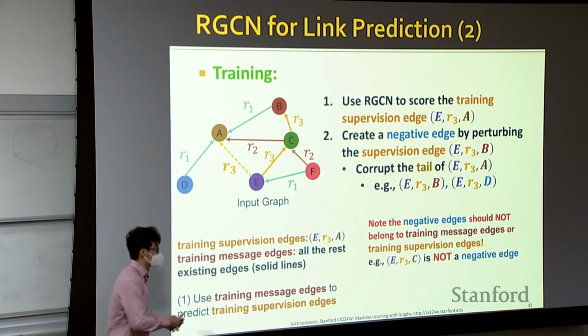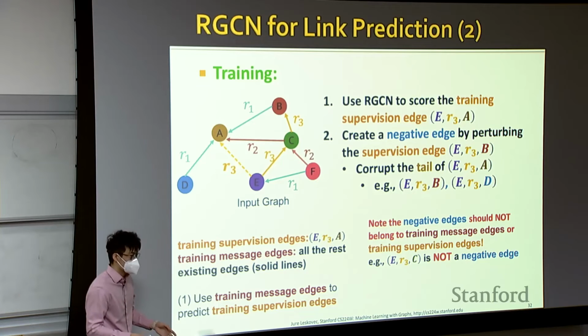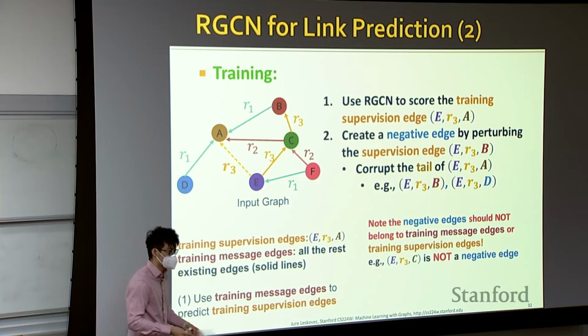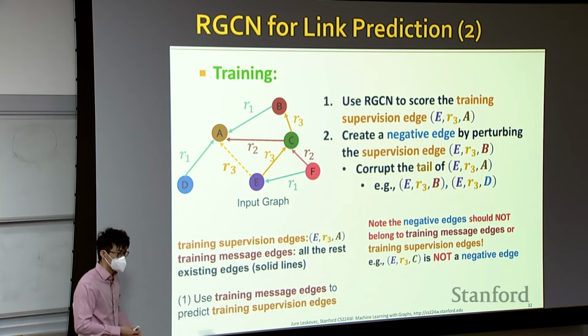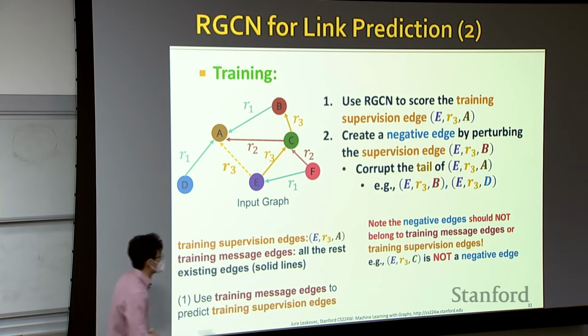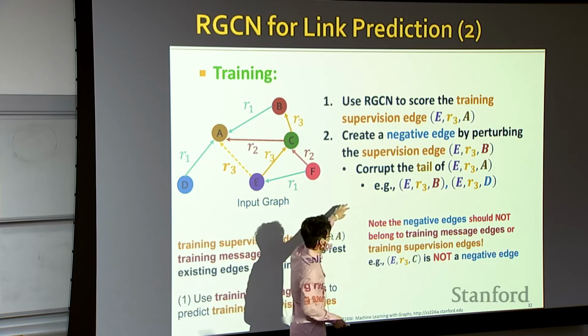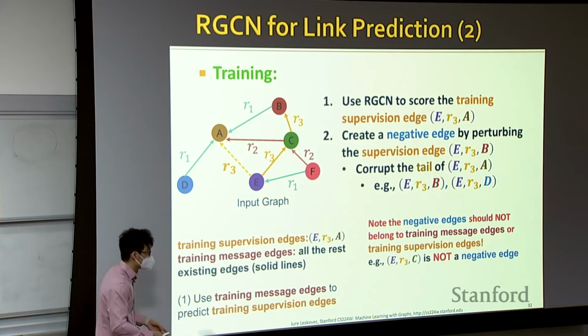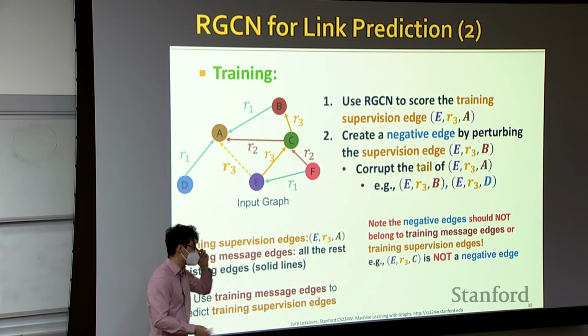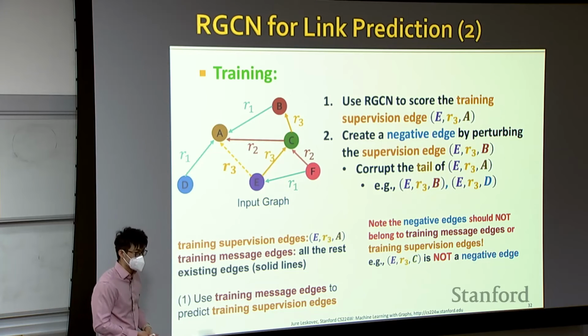Negative sampling is a more general strategy for training a binary classification task where there are tons of negative examples and we want to sample some of them during training. So how do we choose these negative edges when we are doing the training task? Like we said, given a ground truth positive edge, we can corrupt one side of the edge, and this way we can get the negative edge.